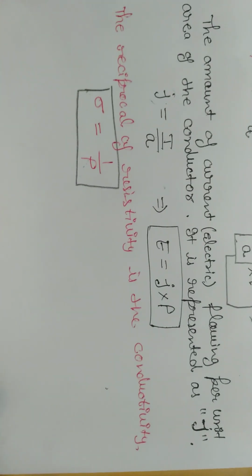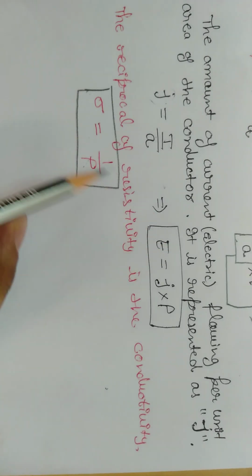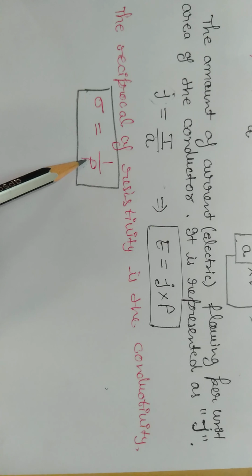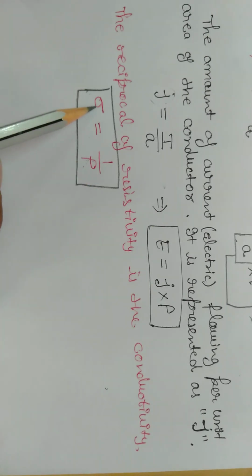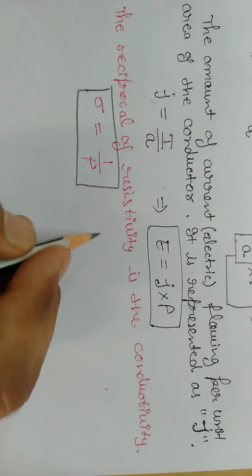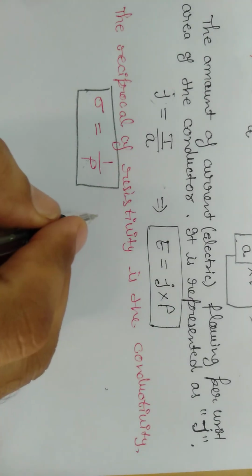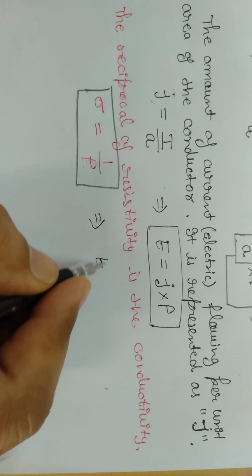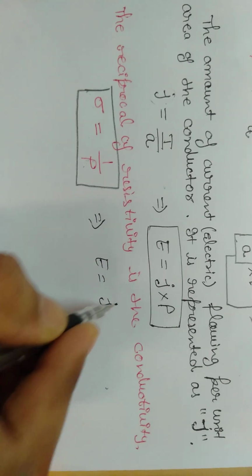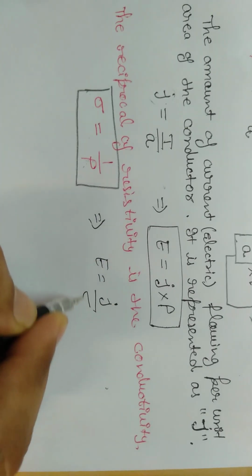Now again we will rearrange the equation here. We will put the value of resistivity in terms of your conductivity. So the equation will be E equals current density upon sigma.